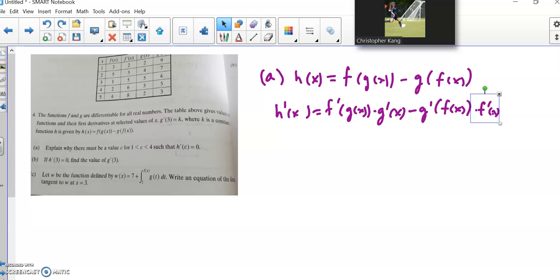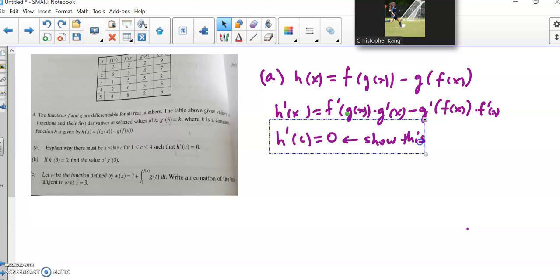Okay? Now, we're told that somewhere on this interval, h prime at c equals 0. All right? I need to show this. Well, again, since my interval's from 1 to 4, and it says the functions f and g are differentiable everywhere, therefore h must be differentiable everywhere.